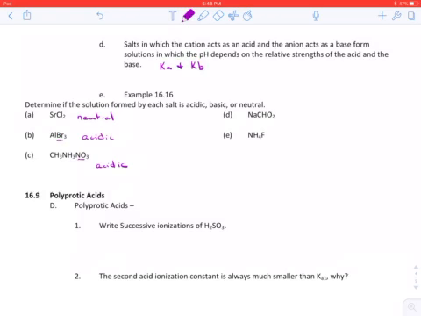And that's because the NO3 is the anion of a strong acid, and CH3NH3 is the cation of a weak base. And then NaCHO2, we saw that one earlier. That one is going to be basic in solution.